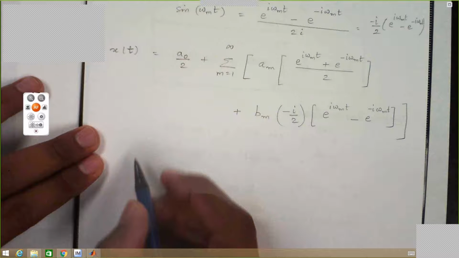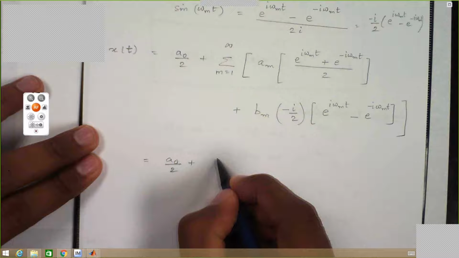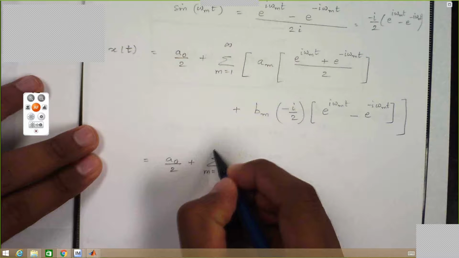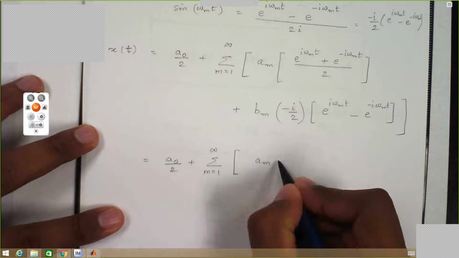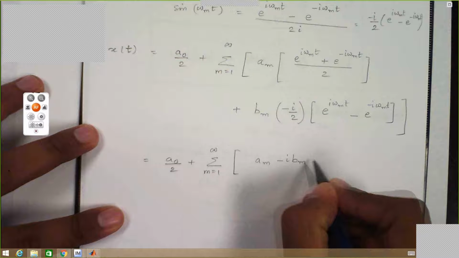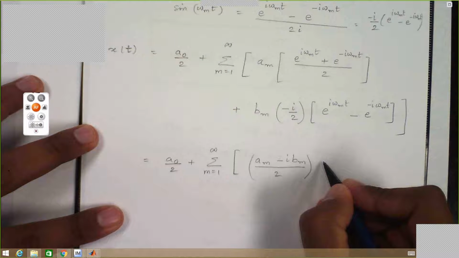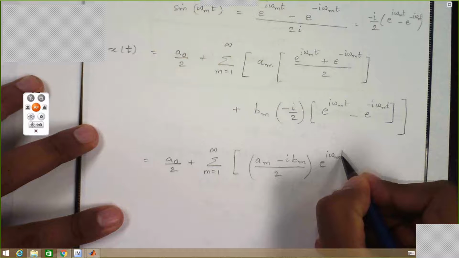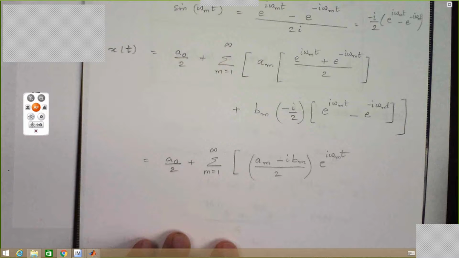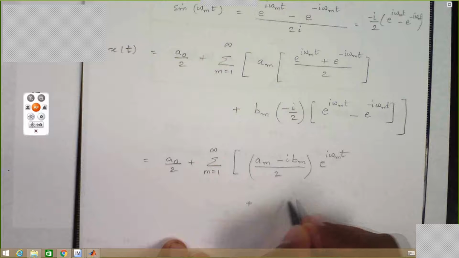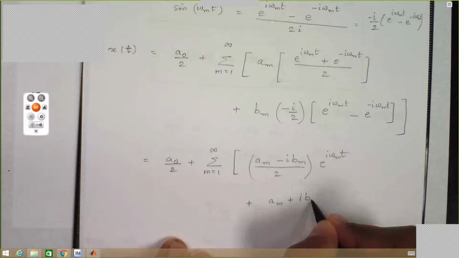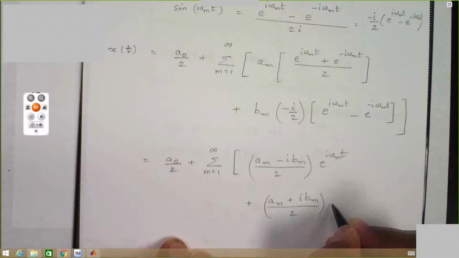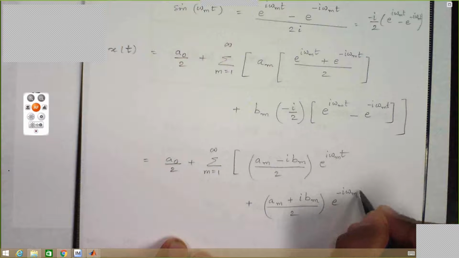So we can rewrite this sum as a0 by 2 plus summation m equals 1 to infinity of am minus i bm by 2 into e to the power i omega m t, plus am plus i bm by 2 into e to the power minus i omega m t.